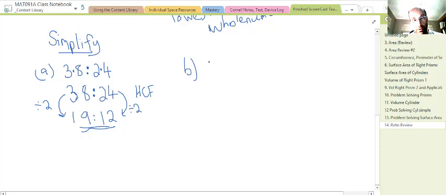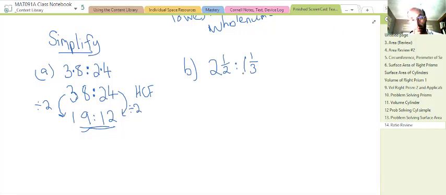Another example, we have 2 1/2 is to 1 1/3. You can get common fractions or mixed numbers in ratios as well. The idea here would be to write them with a common denominator.